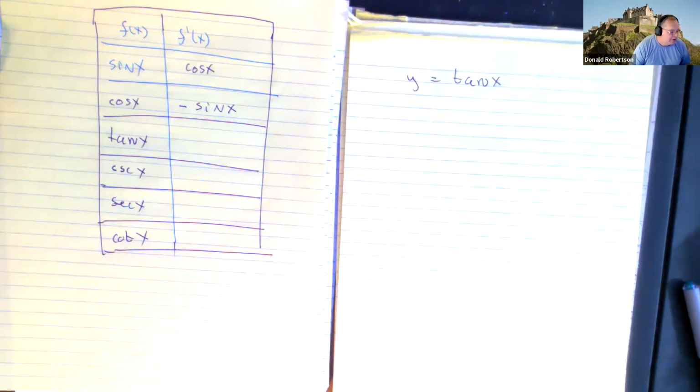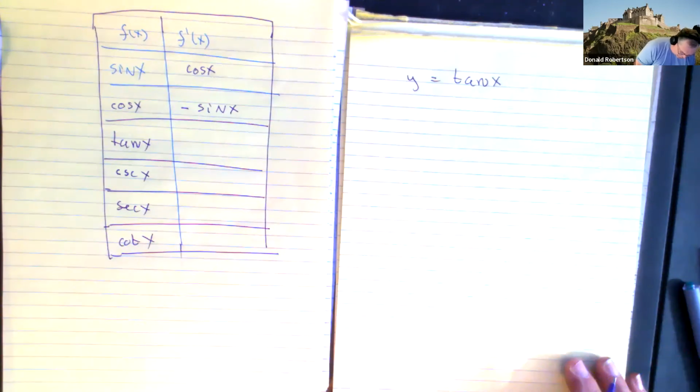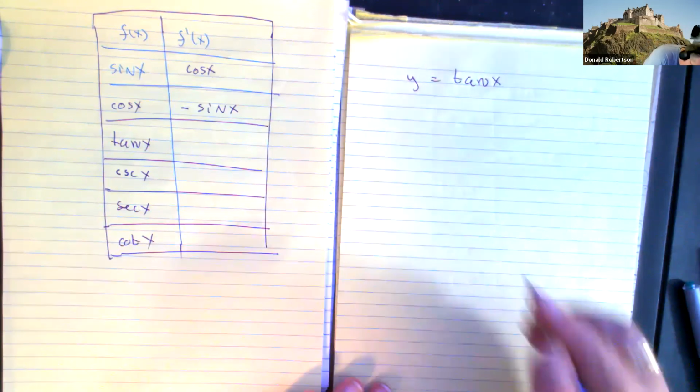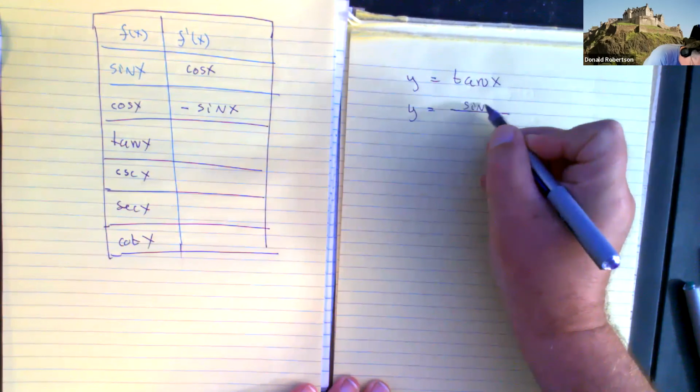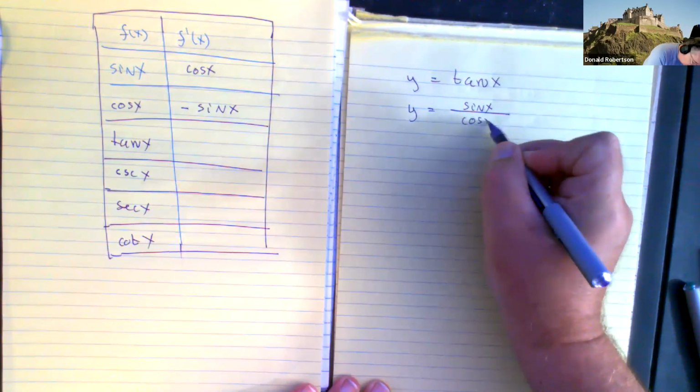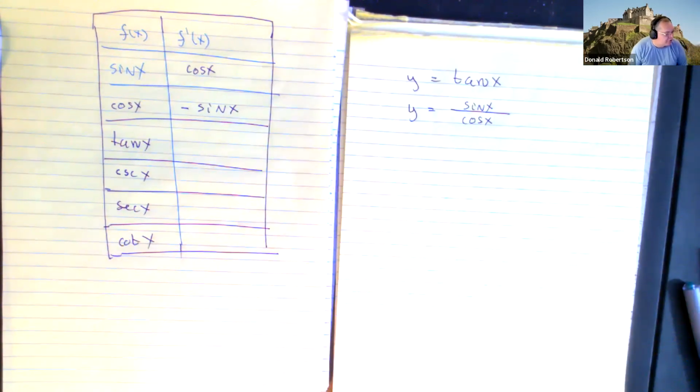Now, I'm not going to do it by a picture. You could sort of do it, but I'm not sure how convincing the answer would be, and you'd find it very difficult to get it. So what I'm going to do is rewrite the tan of x as sine x over cosine x. Would you agree that's one of the identities? Tan is sine over cosine.